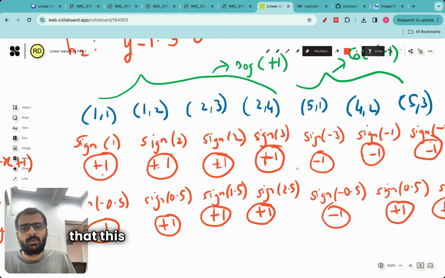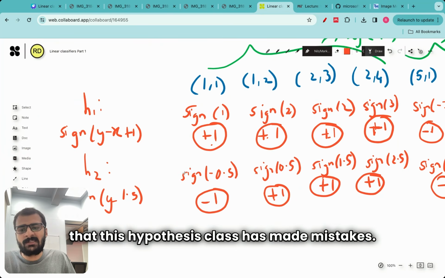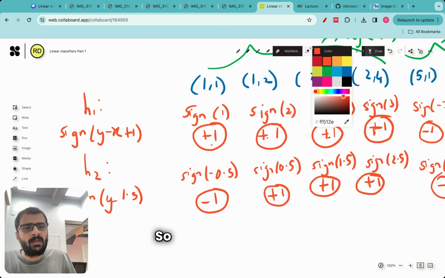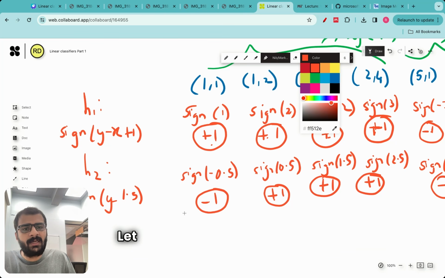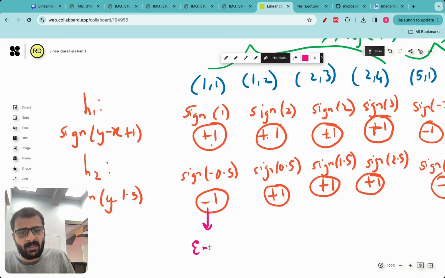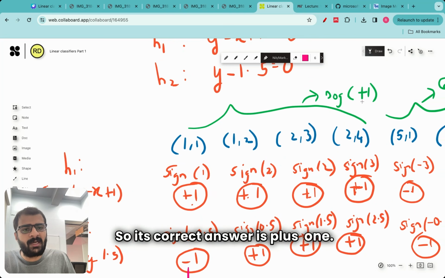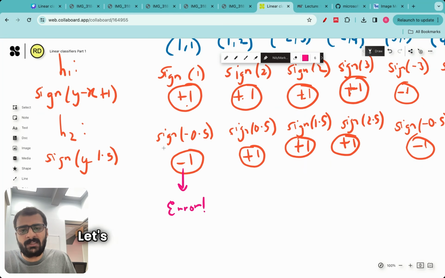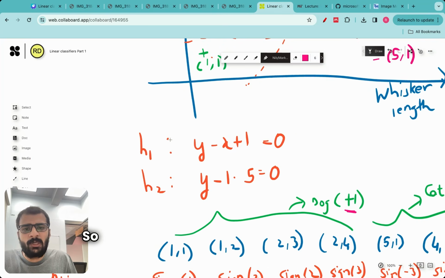So here what we actually see is that this hypothesis class has made mistakes. It has incorrectly classified this, let me choose the color as pink, it has incorrectly classified this as minus 1. So this is an error. This is a dog value, so its correct answer is plus 1, but it has incorrectly classified it as minus 1.